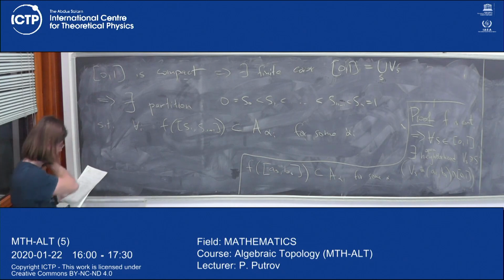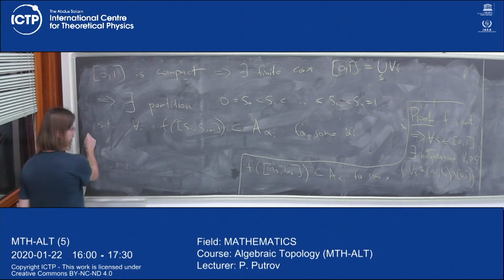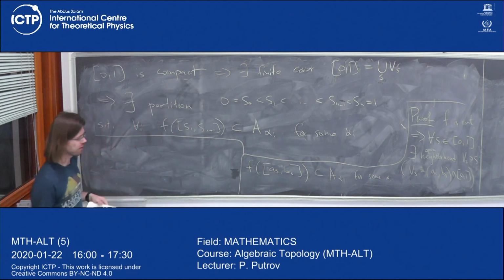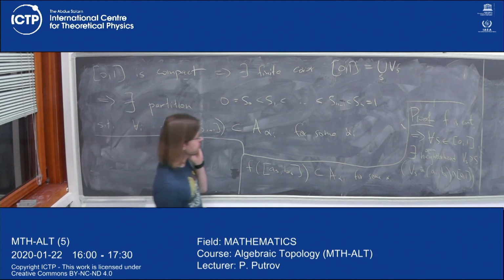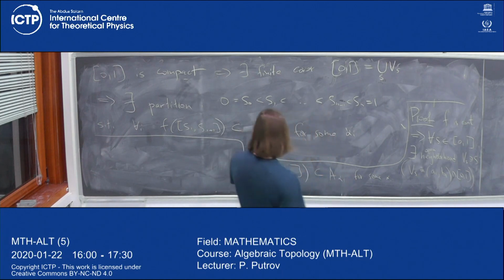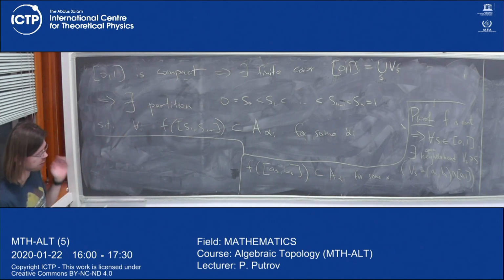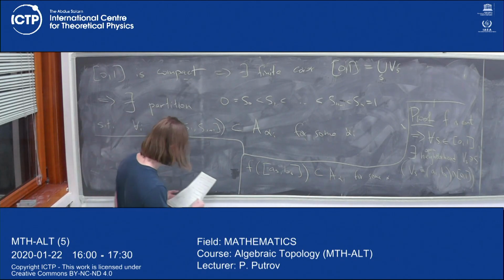Okay, so far we have essentially only used the fact that f is a continuous function and that we had some open cover of my topological space X. But now we need to use further constraints on this cover.